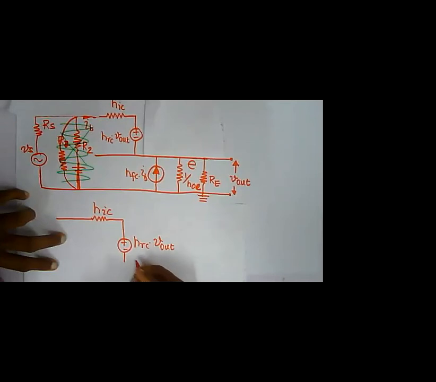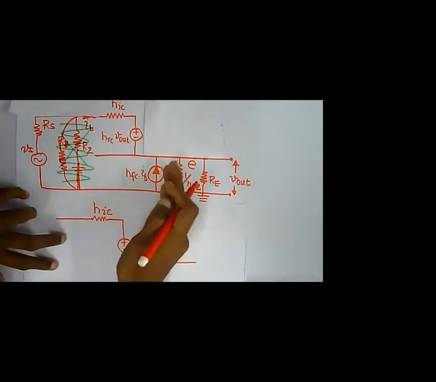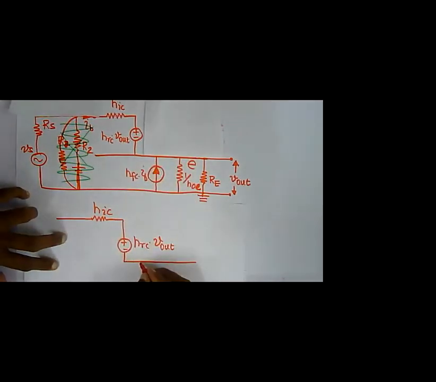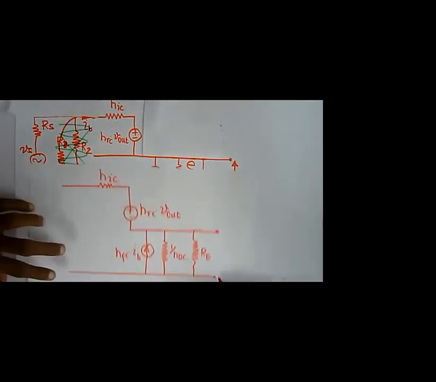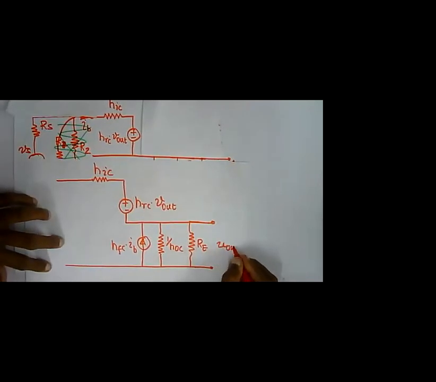I can move this one a bit at this junction, so I'll put it here. hFC into IB, and then this is my ground line, and this becomes 1 over hOC, and then this will be my RE, and here I am going to have my V out.